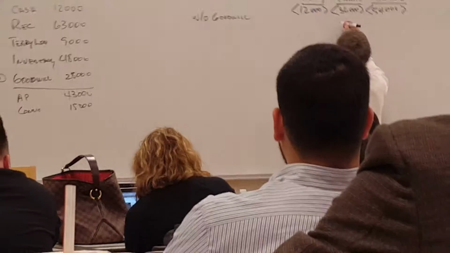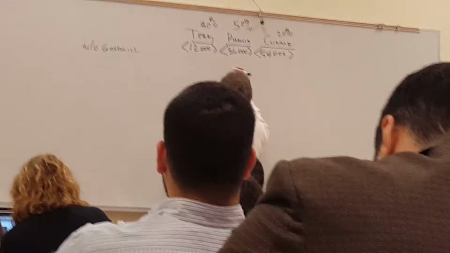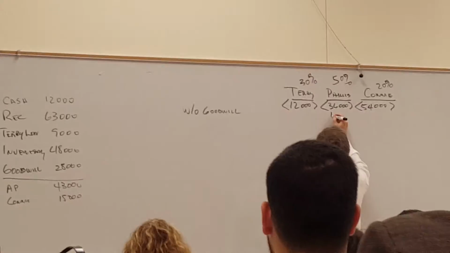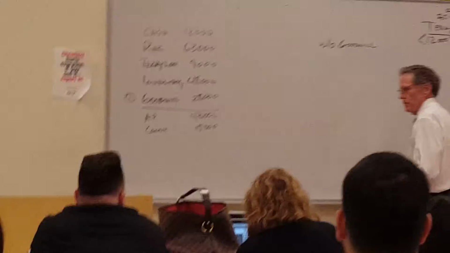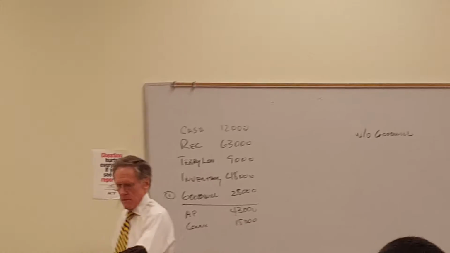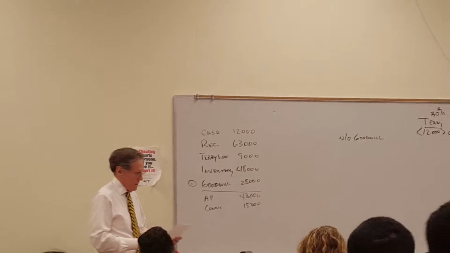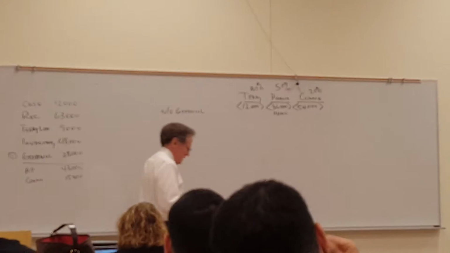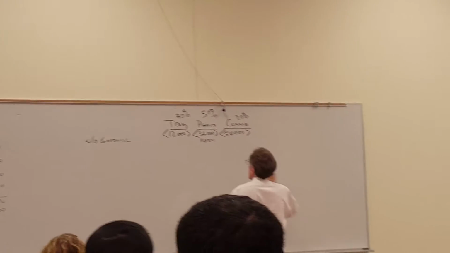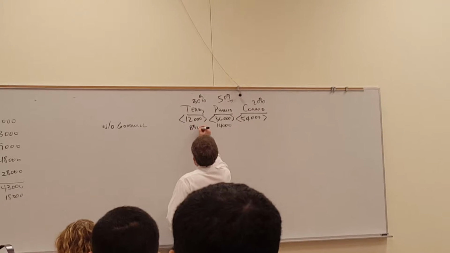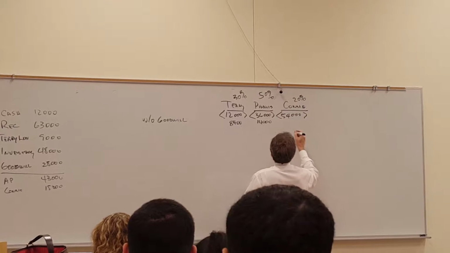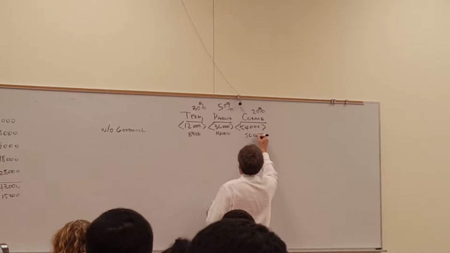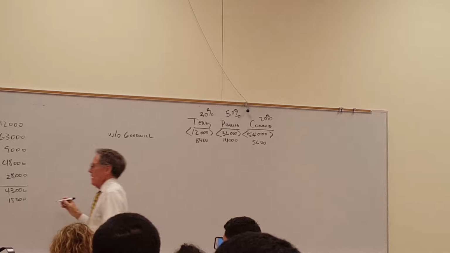When we write off the goodwill, we're going to reduce the capital account. So half the goodwill goes to Phyllis, that's $14,000. Terry has 30% of it, which is $8,400. Connie has 20% or $5,600. So we've written off goodwill.